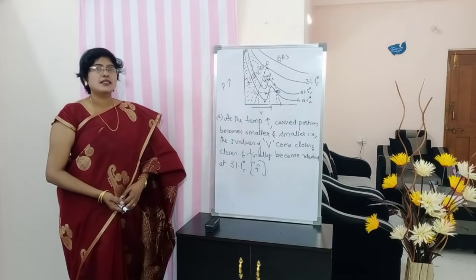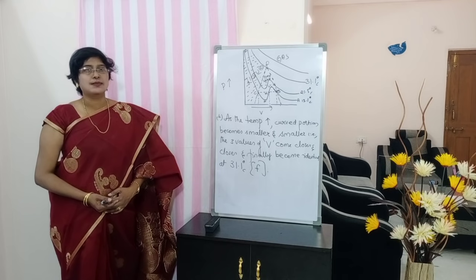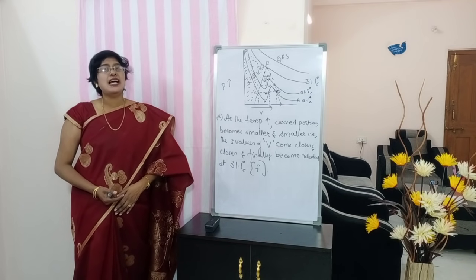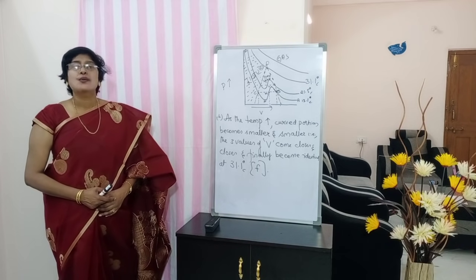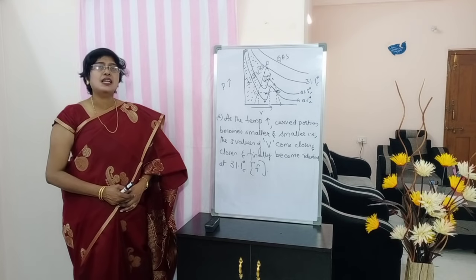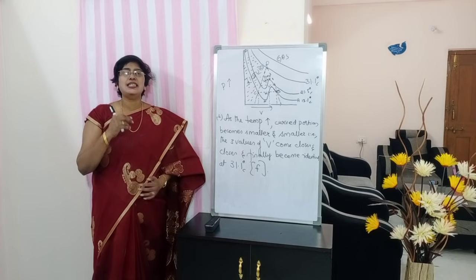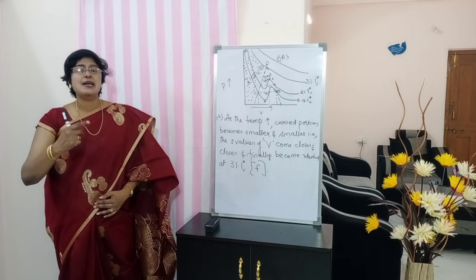So students, next point, what do we understand from these isotherms? So as we have learned from Andrews isotherms, students, as the temperature increases above 21.5 degrees centigrade, what happened to the horizontal portion? There it has become shorter and finally at 31.1 degrees centigrade it has become 1 point.